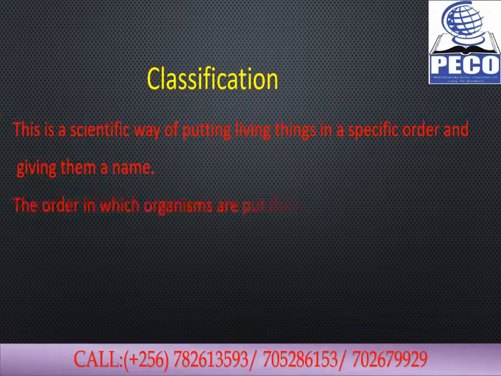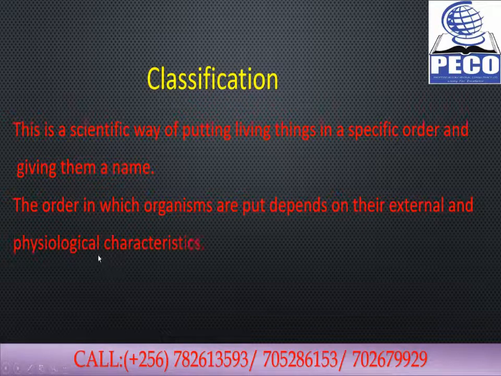The order in which organisms are put depends on external and physiological characteristics. You look at how they look externally. Then if they resemble, you put them in the same group. You look also at the internal chemistry of such organisms. Which chemicals do they have? Which hormones do they have?